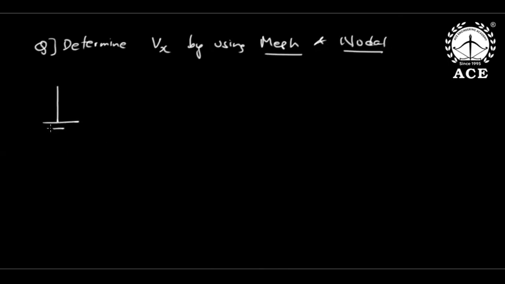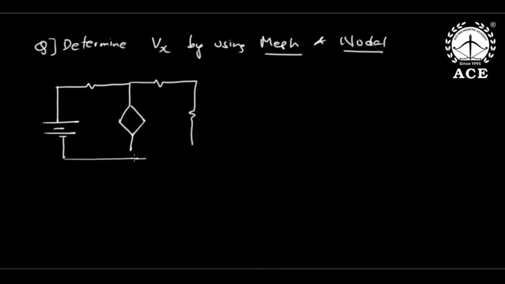The circuit has 10 volts, 1 ohm, 2 ohm, 3 ohm. This is Vx and this is 2Vx.